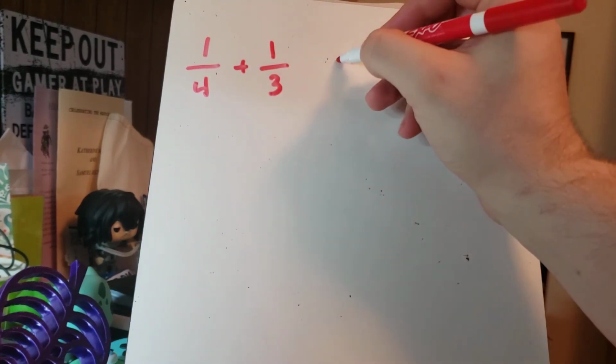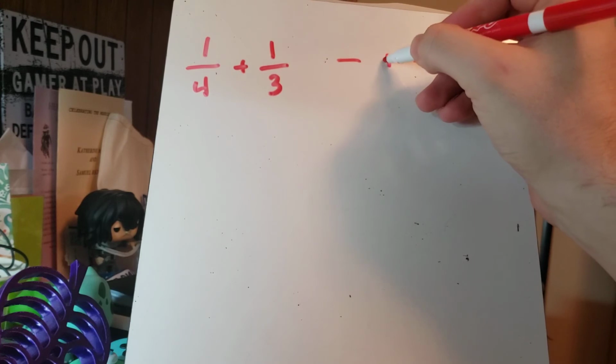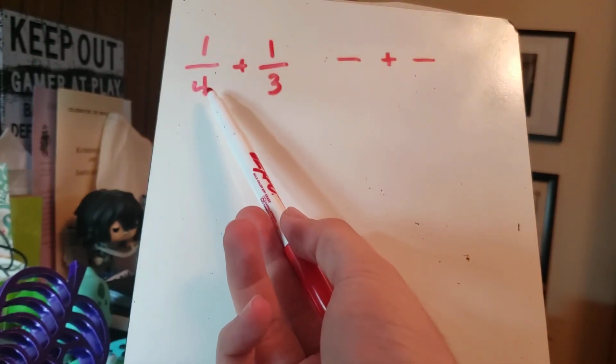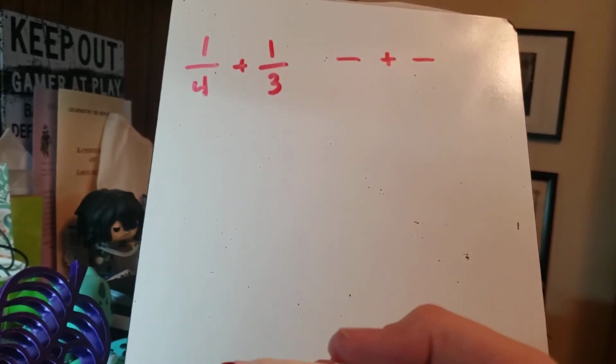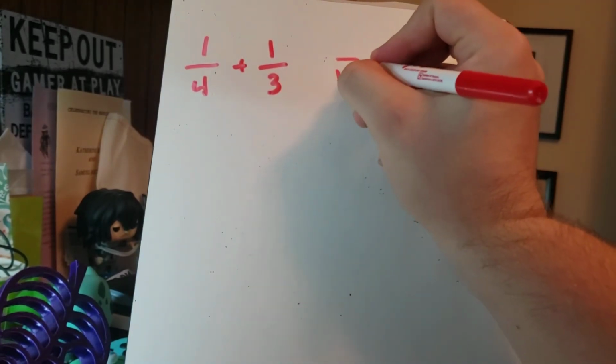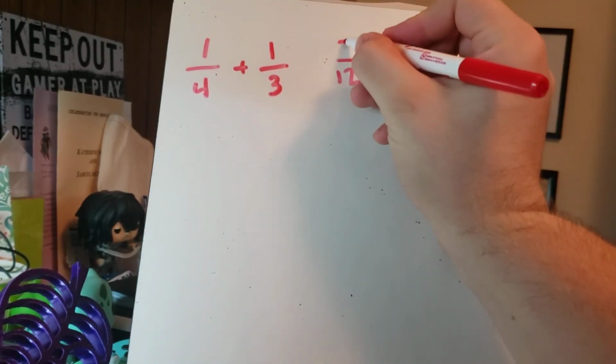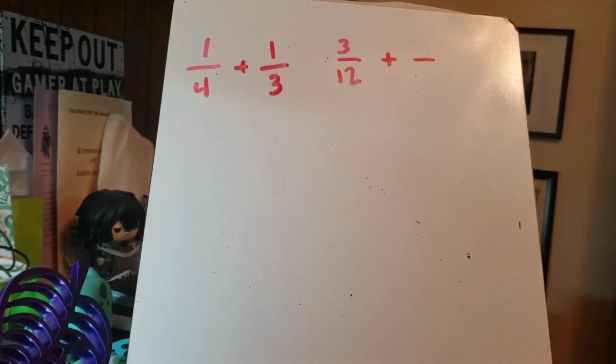So what we'll do is we'll write our new problem over here. What number times 4 equals 12? Well, that's 3. So we'll make it 12 on the bottom, and we'll multiply 1 by 3 and get 3. 3/12 is 1/4. It's the same number.